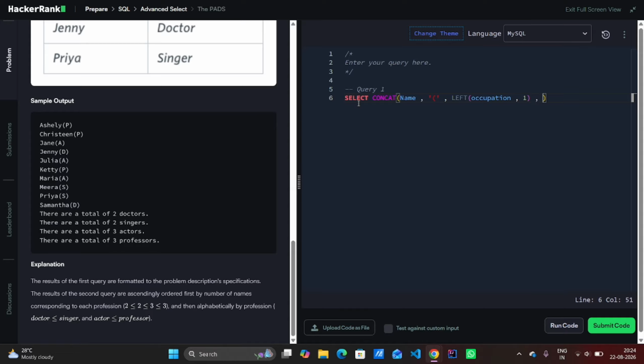Okay, and simply we will close the parenthesis, from the occupations table.